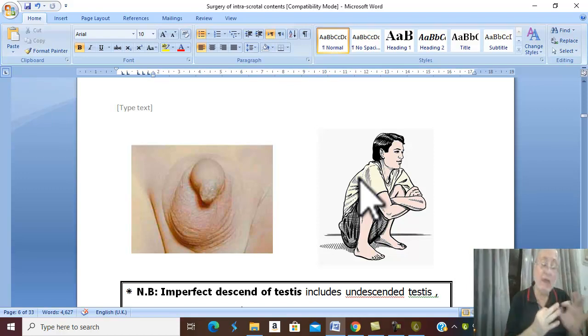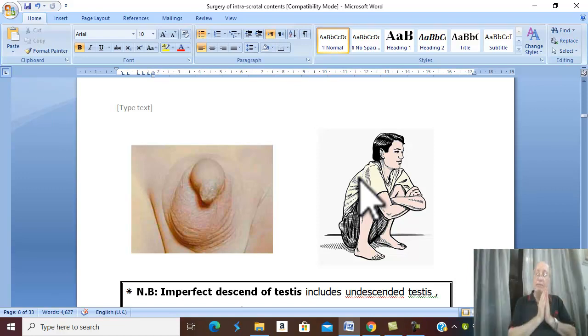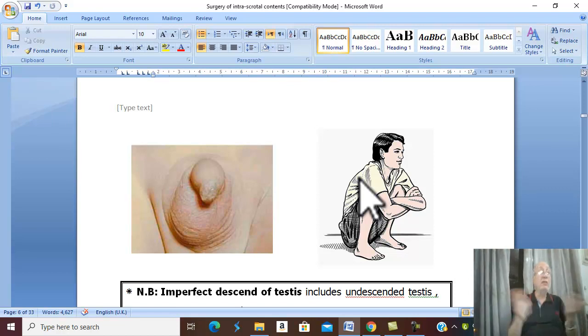Therefore, there are three main causes of cryptorchidism, which means testis not present in the scrotum: undescended testis, retractile testis, and ectopic testis. And testicular agenesis.